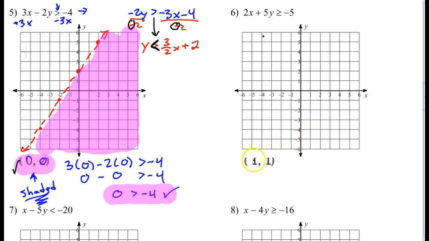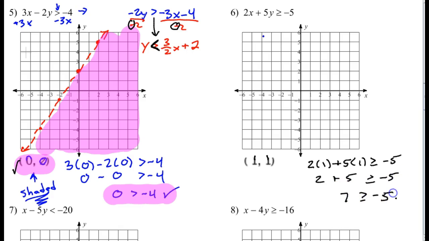So my advice to you is do the check first, right? So plug in 1, 1, like on number 6, and see if that's in the shaded area or not. And then go ahead and do the graphing and make sure it agrees.